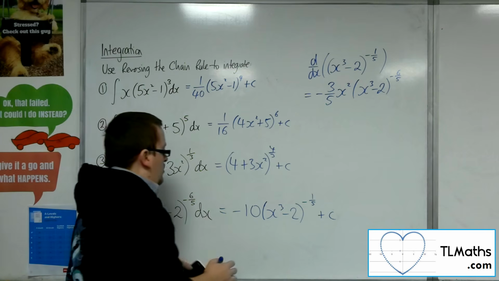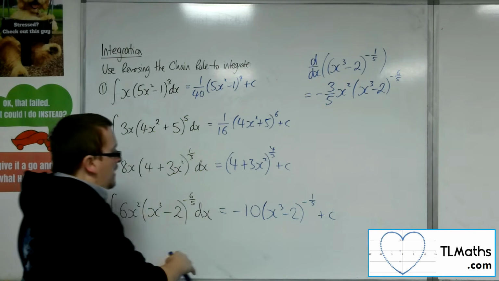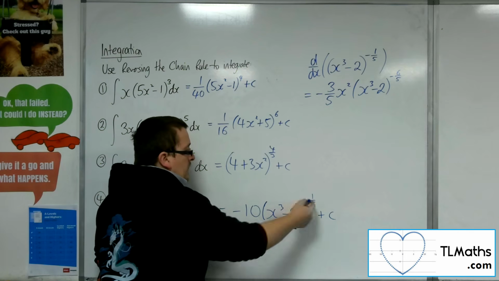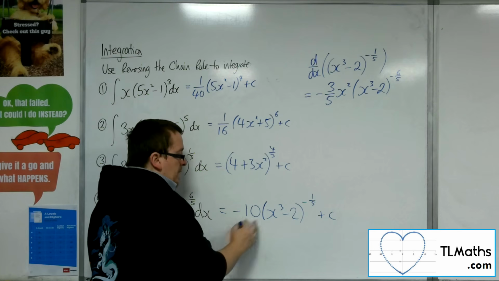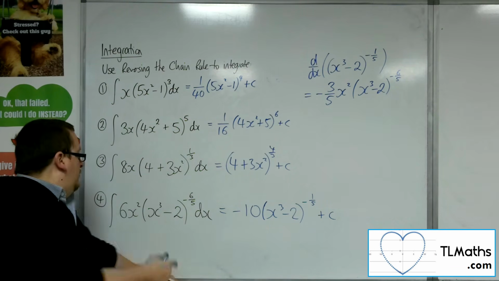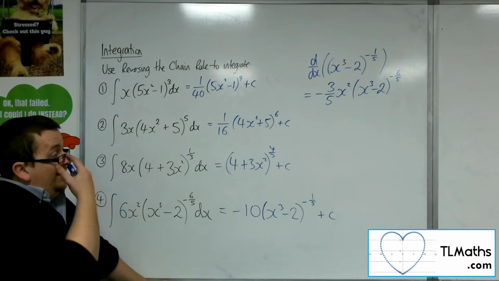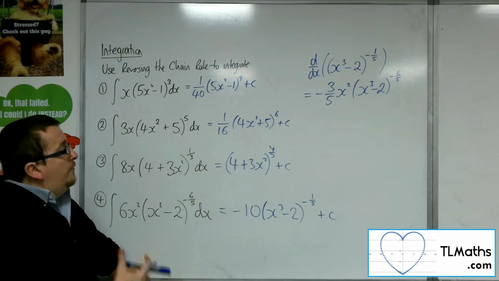So, just to confirm that this differentiates to that, we've got the minus 10, the minus 1/5 comes down, multiplies with the minus 10 to make positive 2, and 3x squared comes out. 2 lots of 3x squared is 6x squared, which is what we have there. So these are the 4 answers that we'd be expecting using reversing the chain rule.